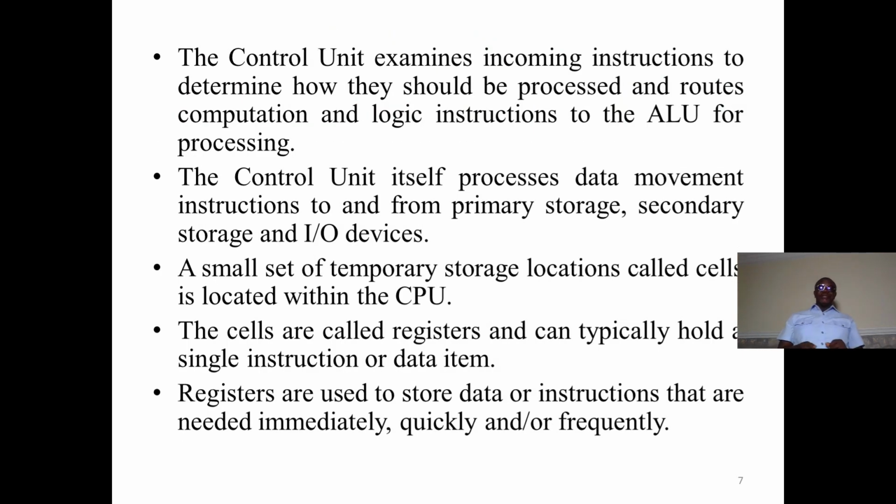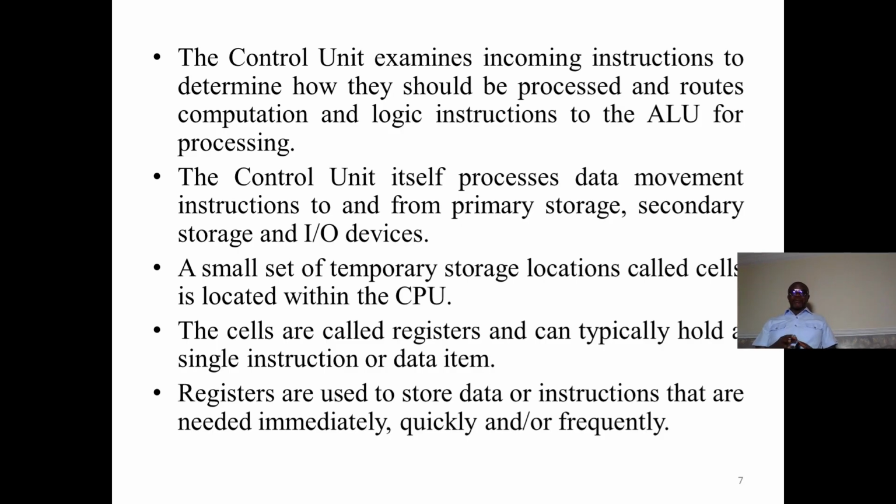The control unit examines incoming instructions to determine how they should be processed and routes computational and logical instructions to the arithmetic and logic unit for processing. This control unit itself processes data movement instructions to and from primary storage, secondary storage, and input-output devices.